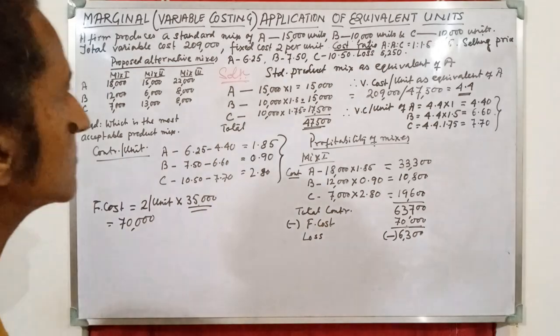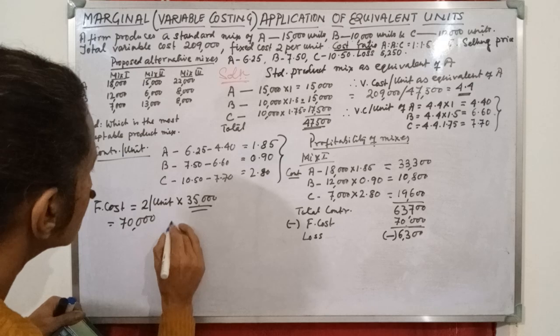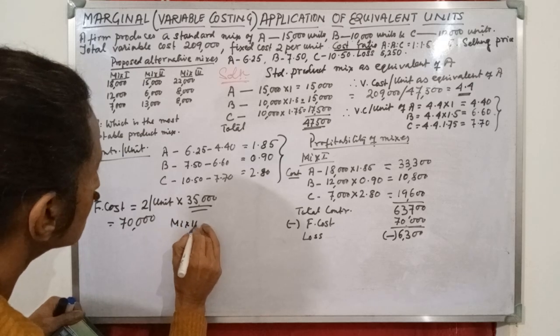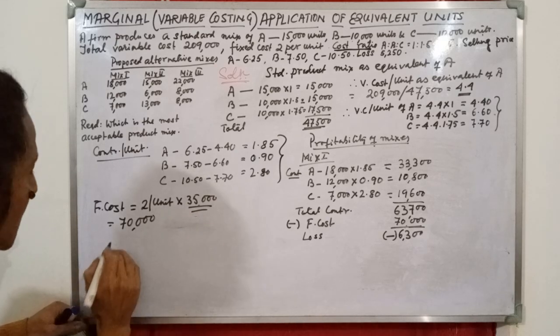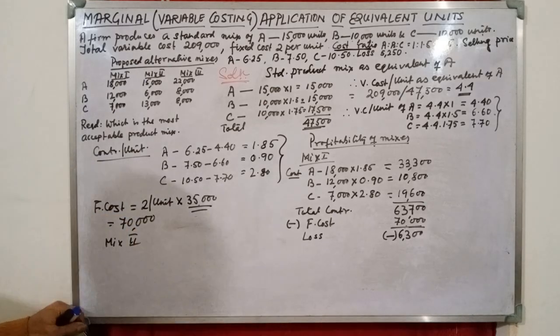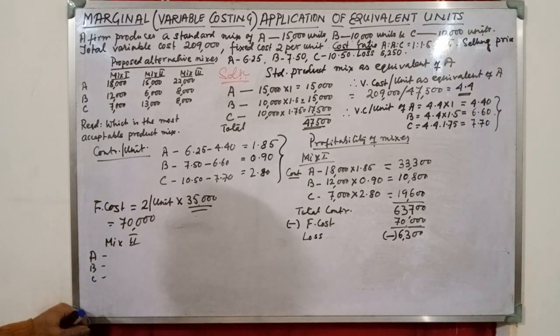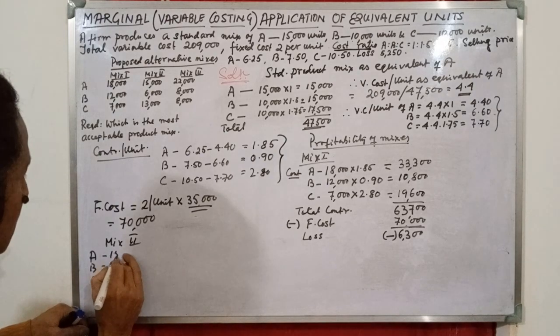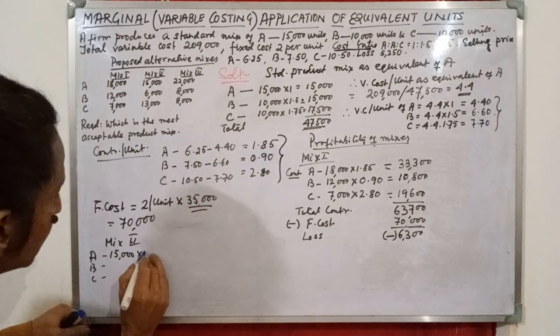Now let us see the profitability of product mix 2. Here we write mix 2, A, B and C. Total contribution of A in product mix 2 is 15,000 into 1.85.